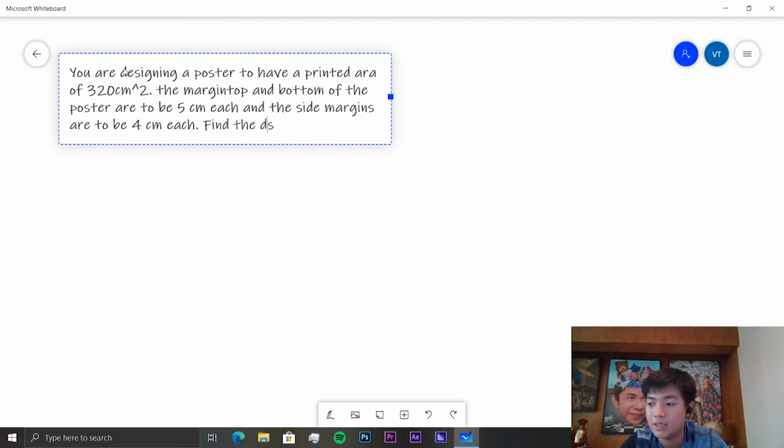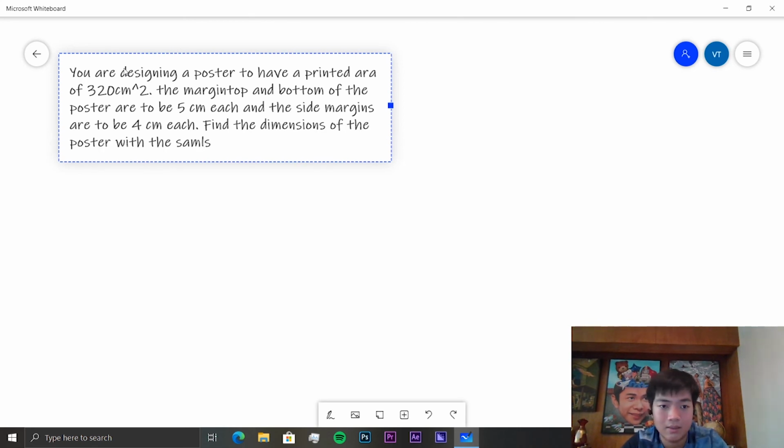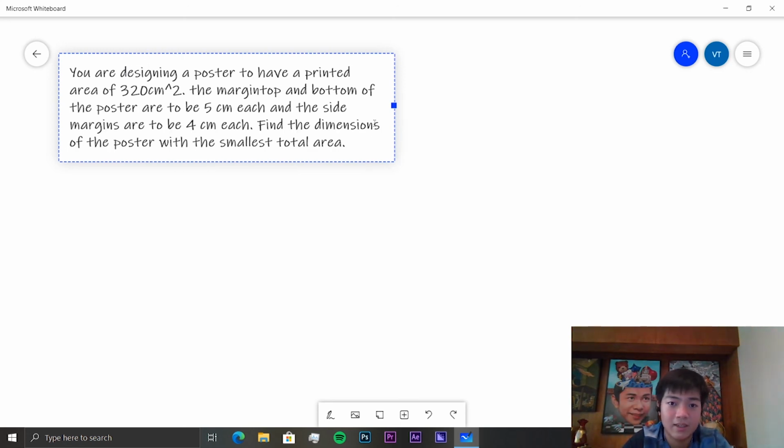Find the dimensions of the poster with the smallest total area. So printed area of 320 centimeters squared, top and bottom margins 5 centimeters each, and side margins 4 centimeters each. Find the dimensions of the poster with the smallest total area.